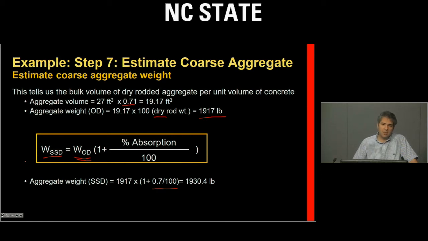We increase the amount of aggregate that goes inside the mixture, because part of that is actually moisture that is moving with the aggregate inside the system. And now we end up with 1930 pounds of aggregate for our mixture.